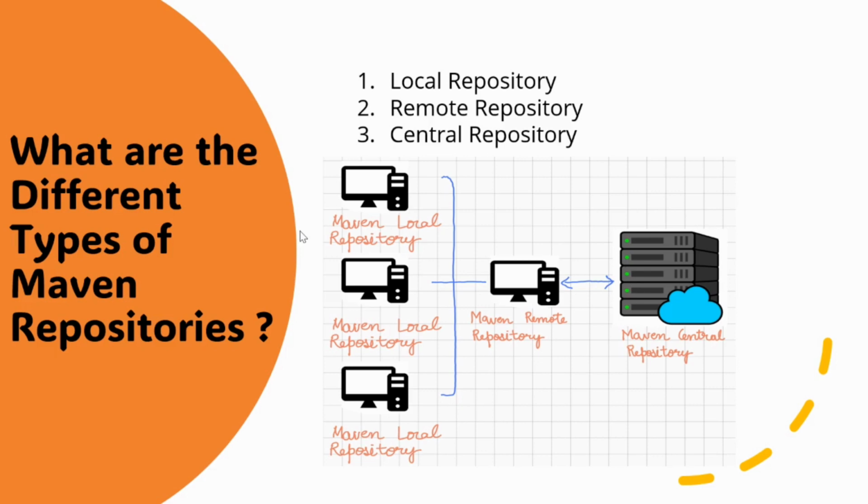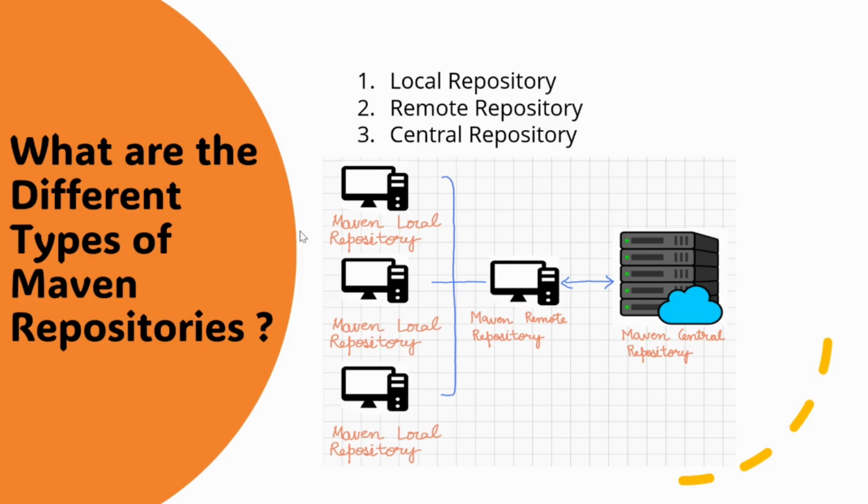Then let's talk about remote repository. The remote repository refers to the repository present on a server that is used when Maven needs to download the dependencies. Whenever anything is required from the remote repository, it is first downloaded to the local repository and then it is used.